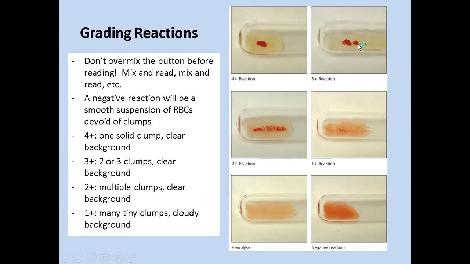Okay, you can see how it's clear. 2+, we're going to have multiple clumps. They're getting smaller, but the background liquid is still clear. And then when we get to 1+, the agglutinates might be getting smaller, but the background is no longer clear. It's starting to look cloudy. So you can see it's not clear like the 2+ anymore. It's starting to look cloudy, so that's a 1+ reaction.